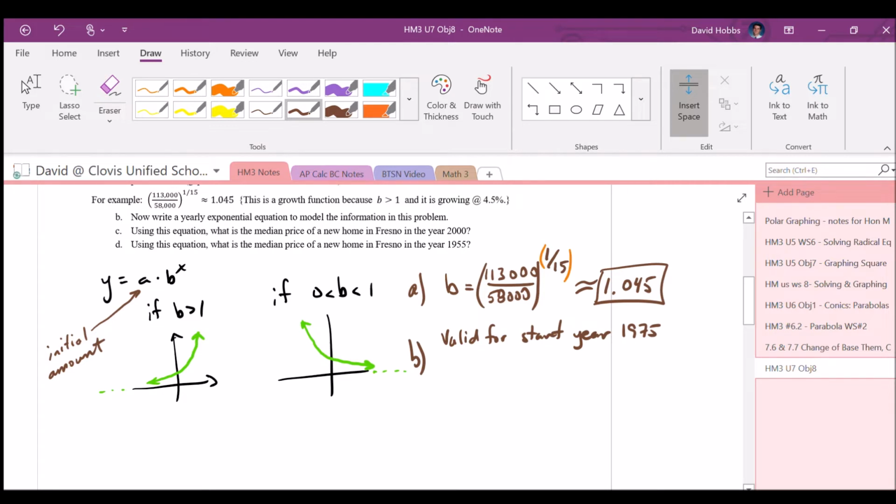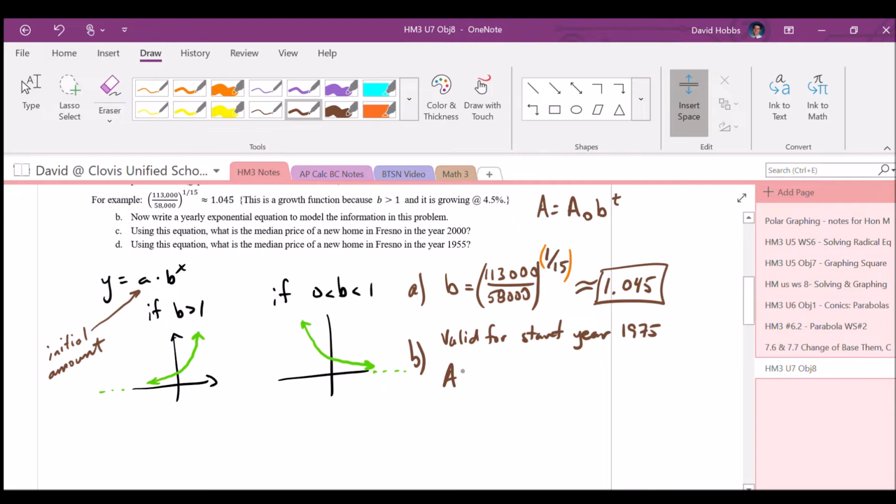Okay, and so y equals a times b to the x. Now, remember how I had A equals A sub 0? You could do A equals A sub 0 b to the t, because x is really time. You could do it either way.